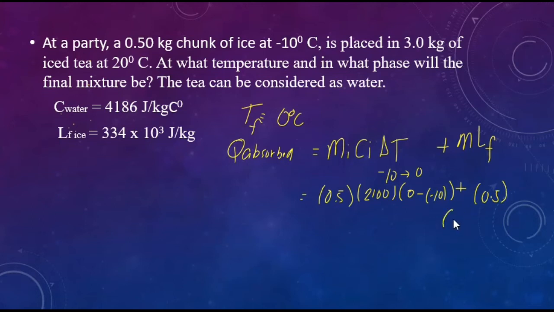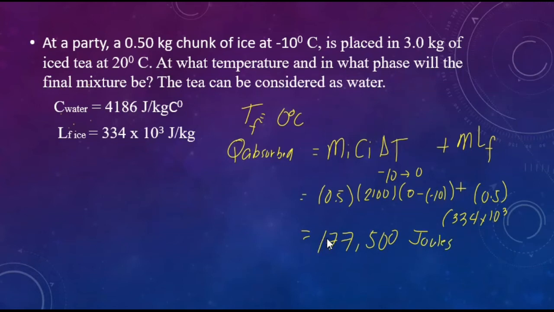Then LF of the ice, I'll just place it here, is 334 times 10 to the third joules per kilogram. Okay? So, solving that, the value will become 177,500. Okay, what are the units? Since the units will be in joules per kilogram Celsius degree, the heat will be in joules.